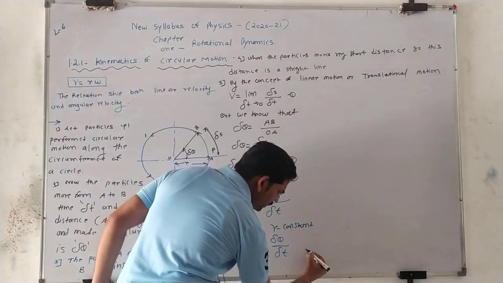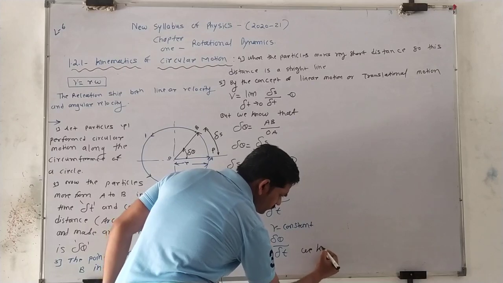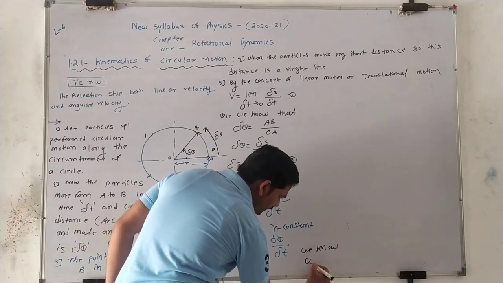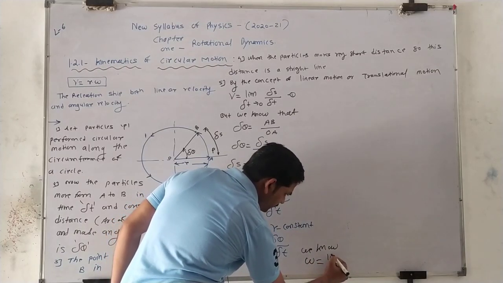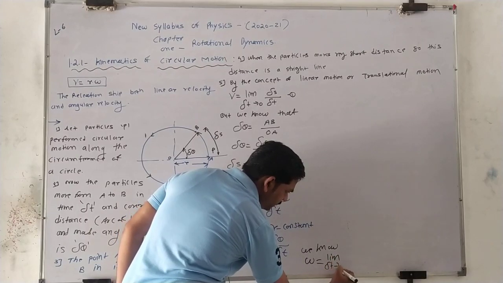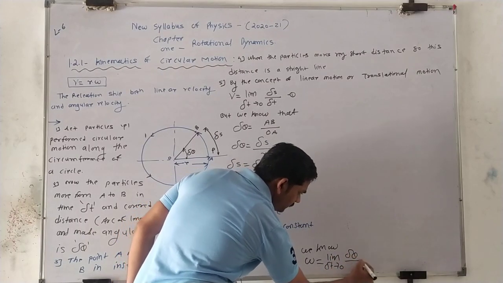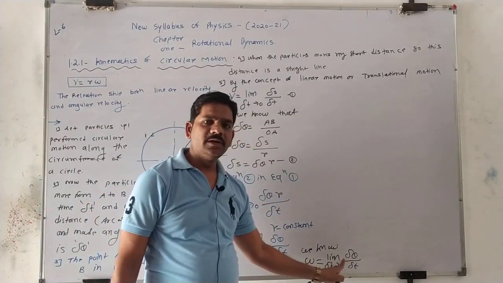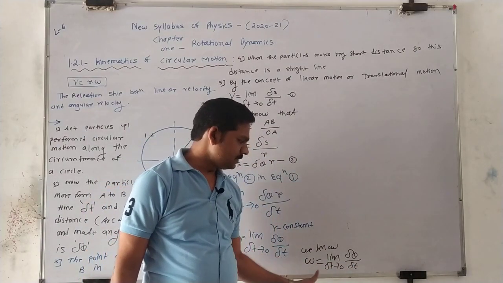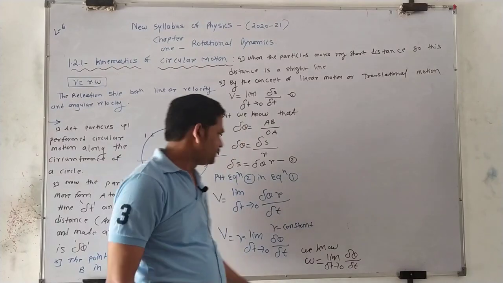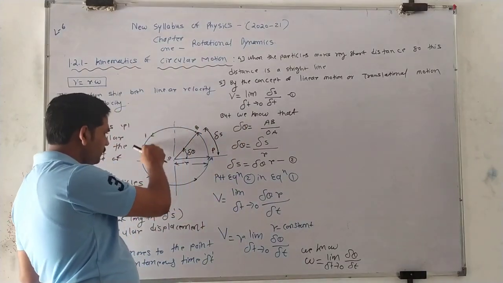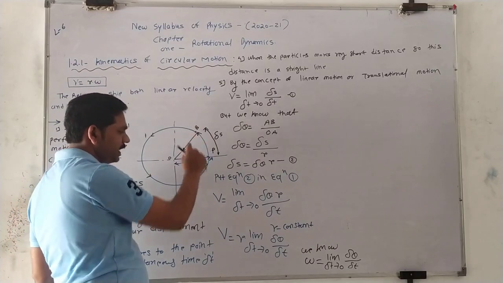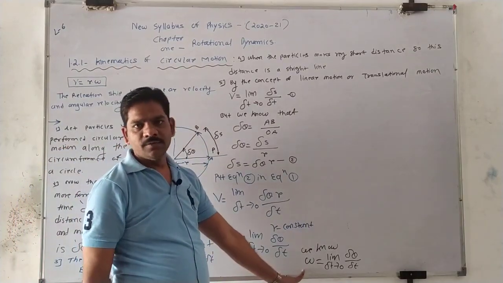We know that omega means limit del t tends to 0 of del theta upon del t, the rate of change of angular displacement with respect to time, nothing but the angular velocity.